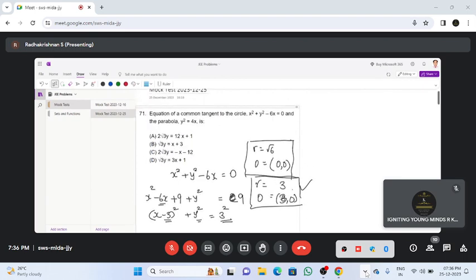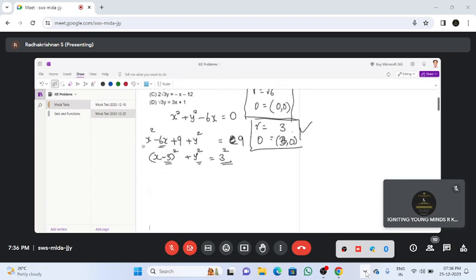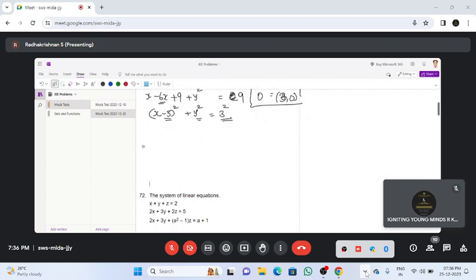Now let us look at this parabola, y square equal to 4x. Where will its vertex be and how will it look? Y square equal to 4x.